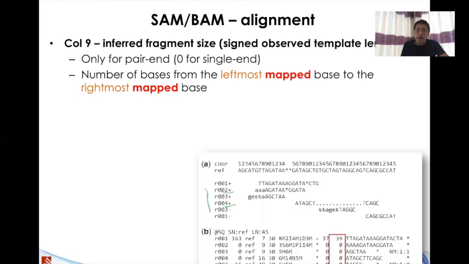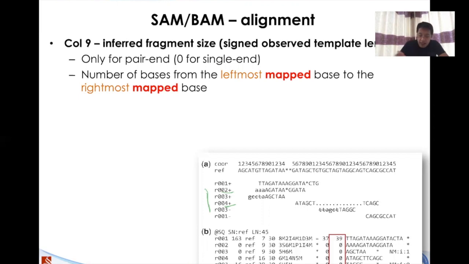The inferred fragment size is the number of bases from the leftmost mapped base to the rightmost mapped base of the original sequencing fragment.